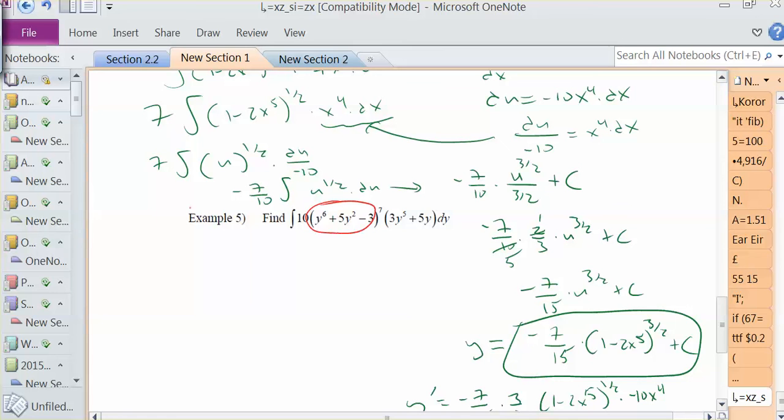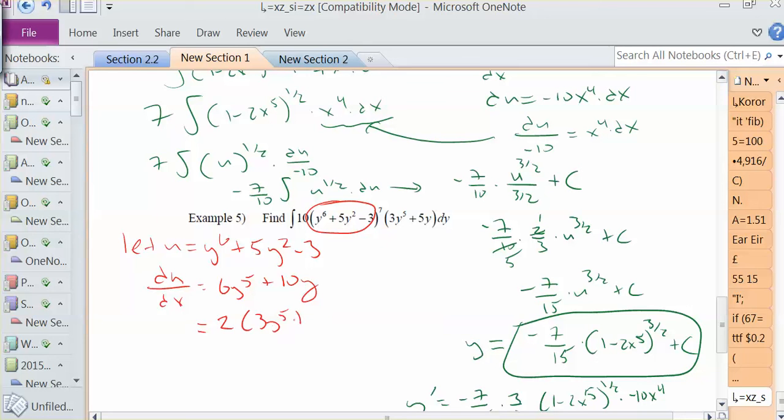Usually you want to let u equal the expression with the larger exponent, because then when you take your derivative, without getting that, and by the way, I could probably factor out a 2 from that. And simultaneously multiply both sides by dx.